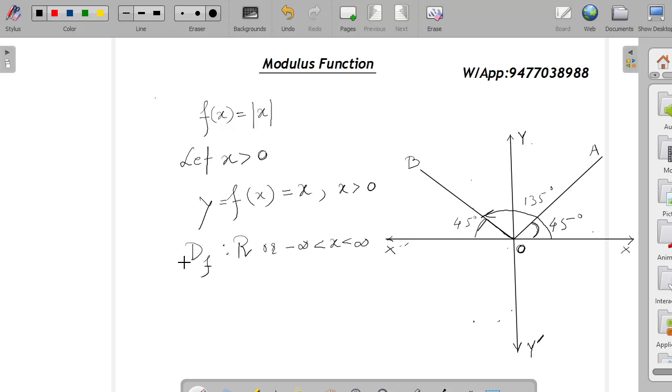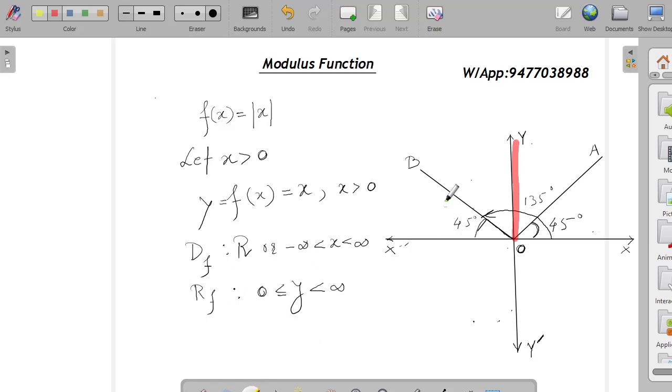So the range of the function is 0 less than or equal to y less than infinity. So this is the range of the function, from 0 to infinity onwards.